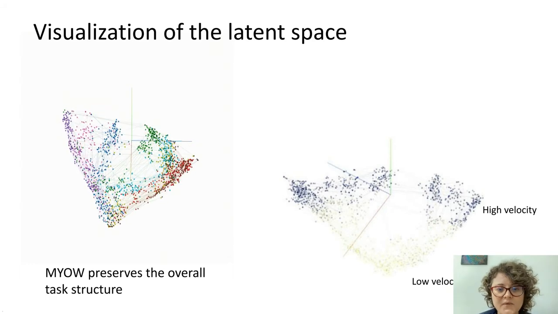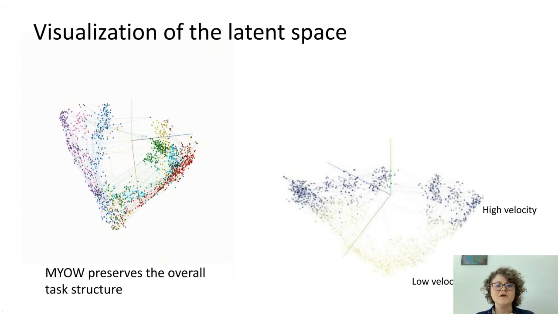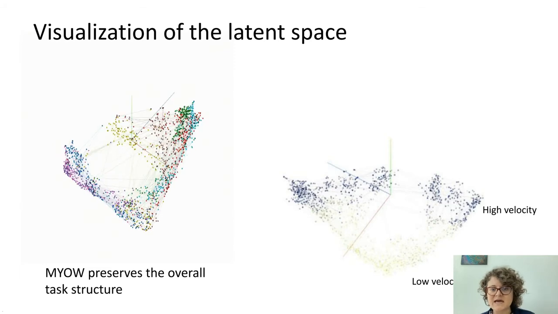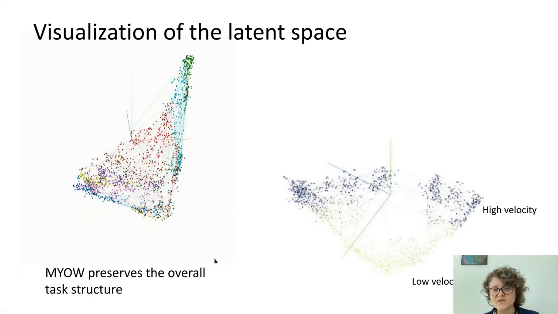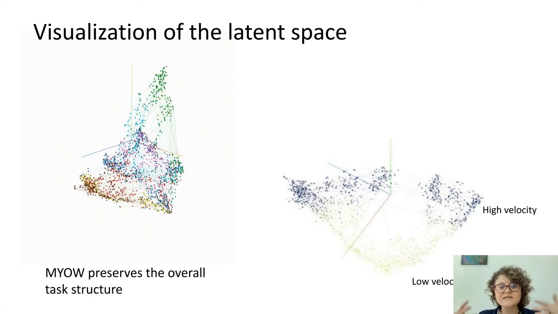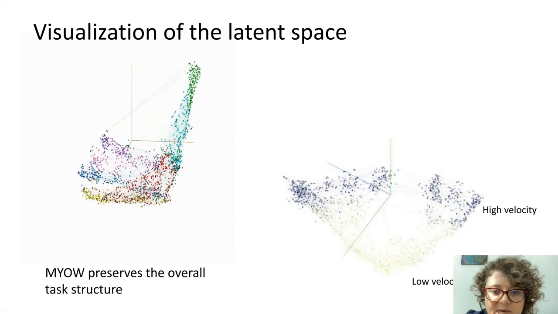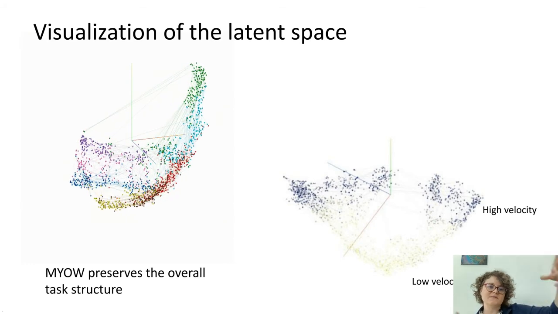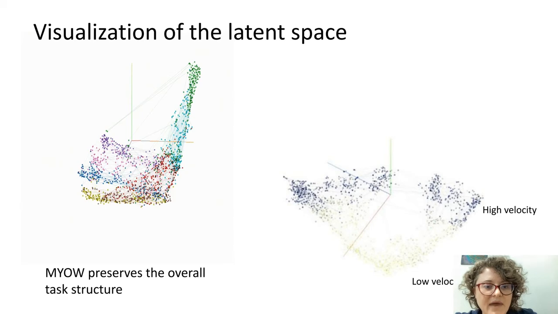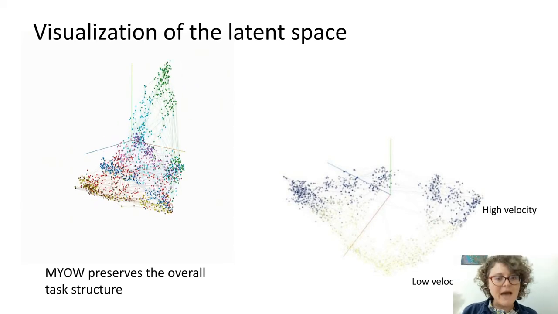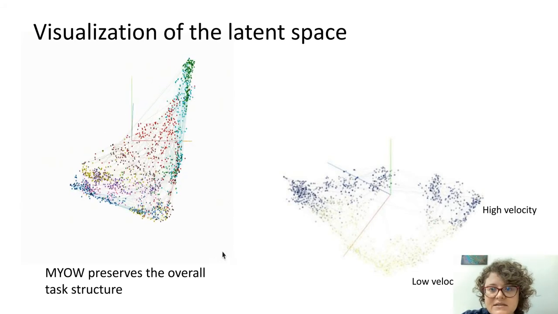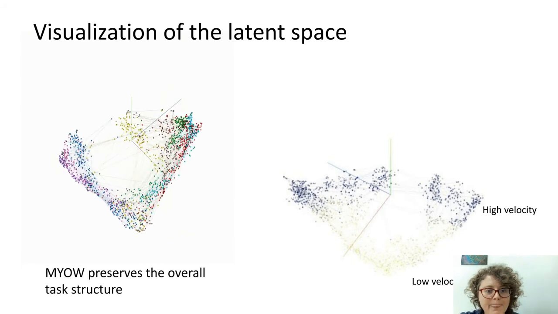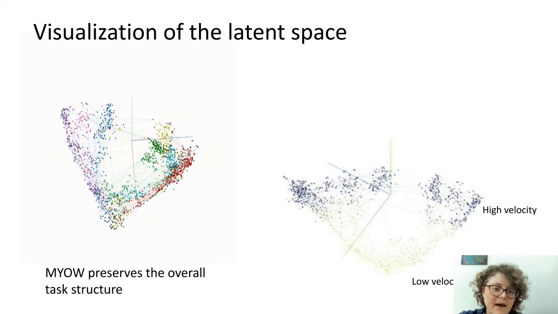But in addition, over on the right, I'm showing the other aspect of this task, which is moving from a lower to high velocity in this outer portion of the latent space. Both of these aspects of the behavior are being captured in these neural representations formed by Meow.